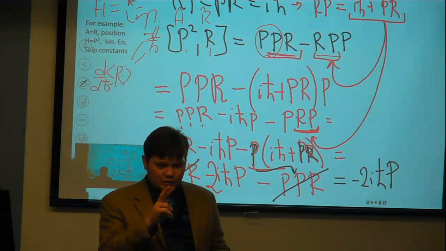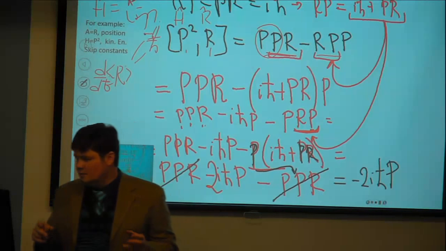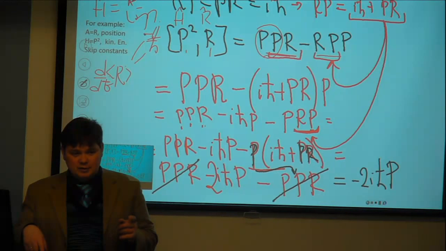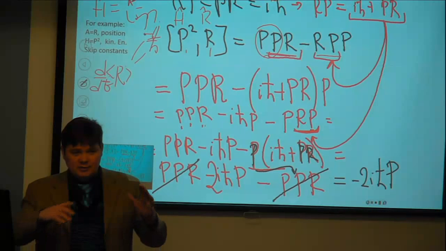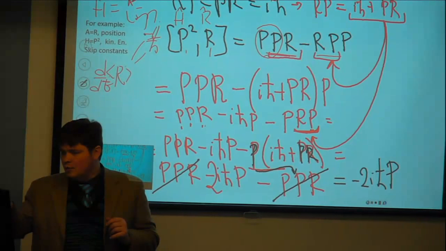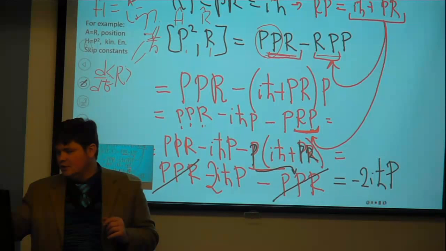If you swap the order of position and momentum, based on the differential properties, it will be the operator imaginary unit times h bar times the identity matrix, if it is in matrix form, right? Based on this commutation, one can replace rp with i h bar plus pr.